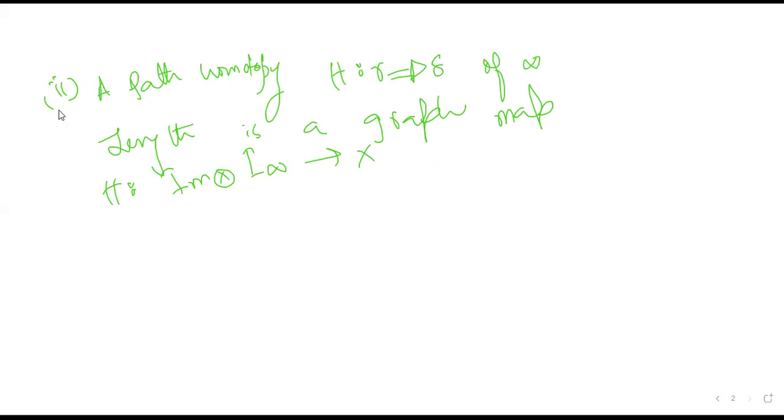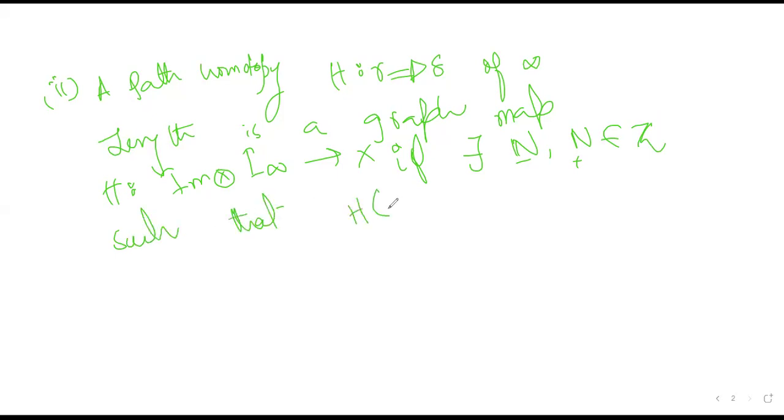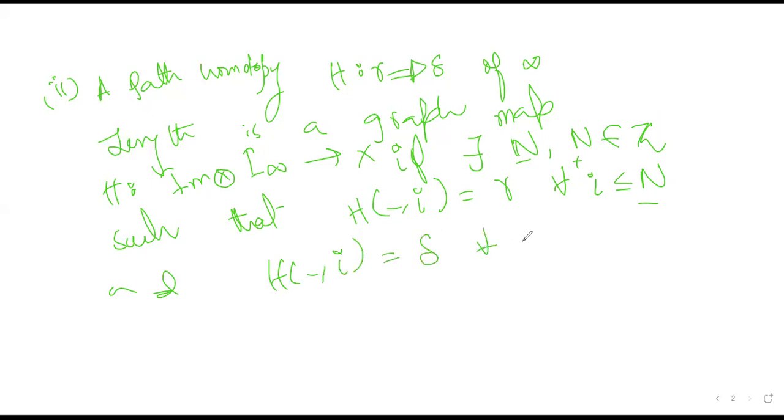there exist n minus and n plus belonging to the integers such that H(-, i) is equal to gamma for all i less than or equal to n minus, and H(-, i) is equal to sigma for all i greater than or equal to n plus.